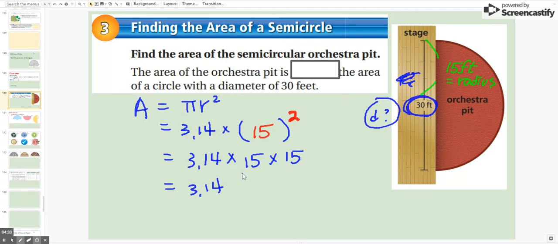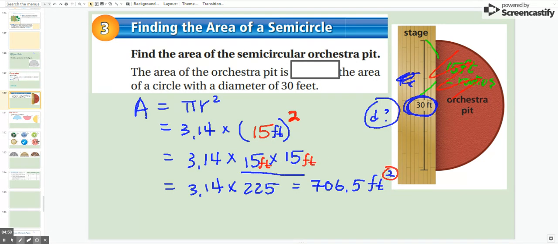If you multiply these two numbers, it's going to be 706.5 feet squared, because you multiply feet twice, 15 feet times 15 feet, so it should be feet squared.